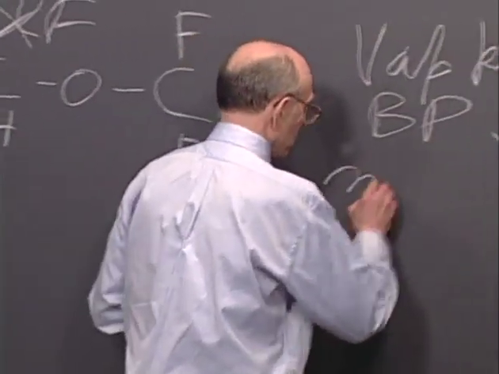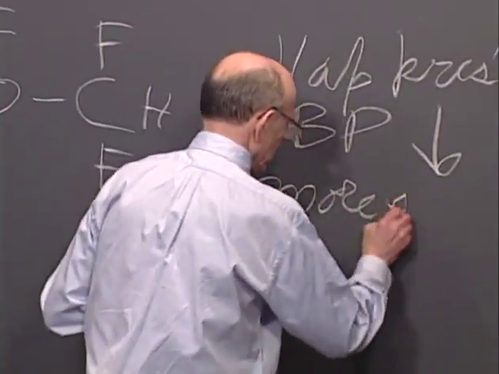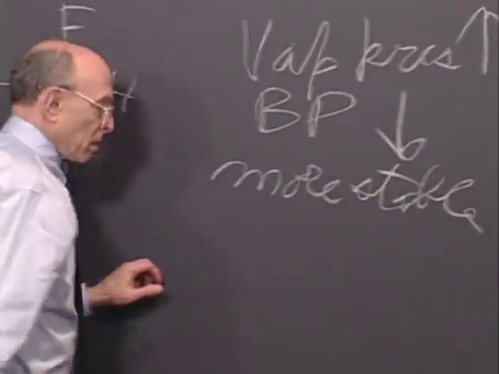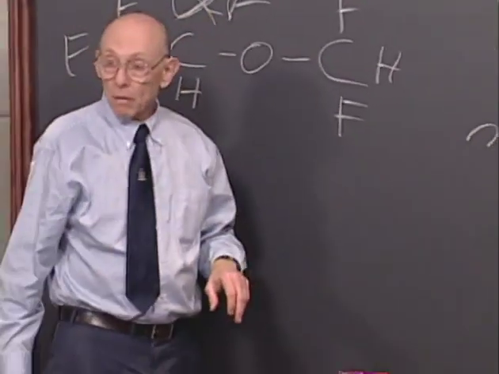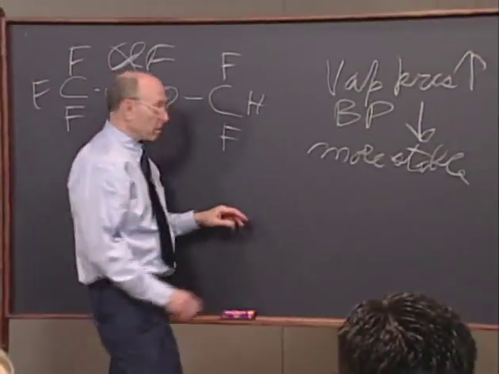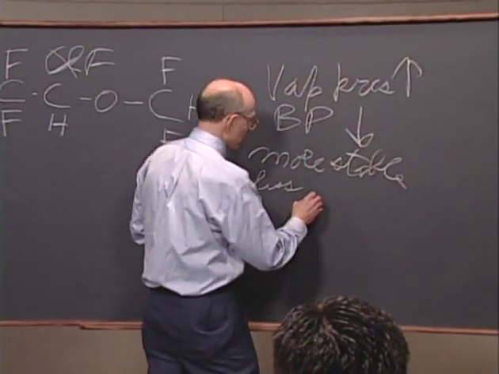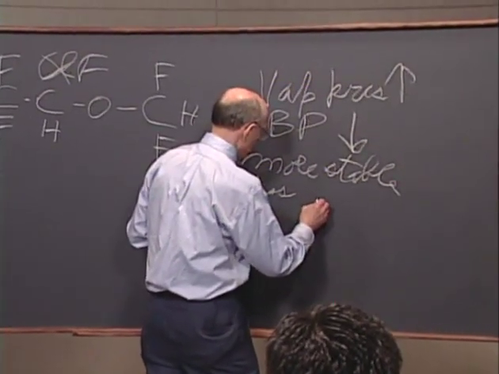It's less biodegradable. It's more resistant to degradation, so it's more stable, and maybe less toxic because of that. We'll get into that in our discussions of hepatotoxicity and nephrotoxicity.